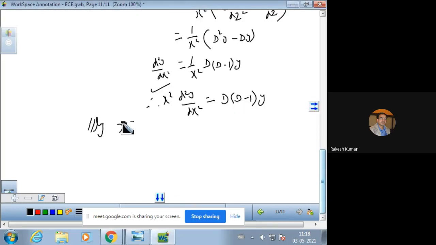Similarly, we will be able to find x³ d³y/dx³. That will be D into D minus 1 into D minus 2 into y, and so on. You can find out all the values. After the third order derivative, you will have the fourth order derivative term, and so on.